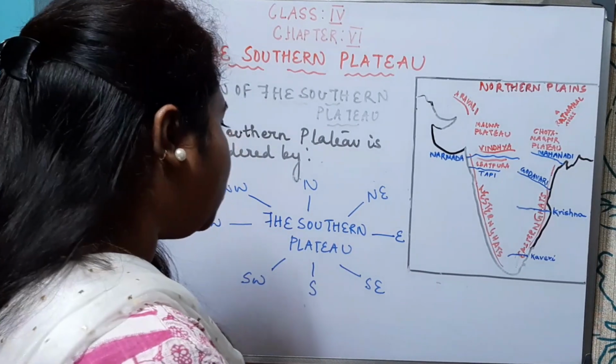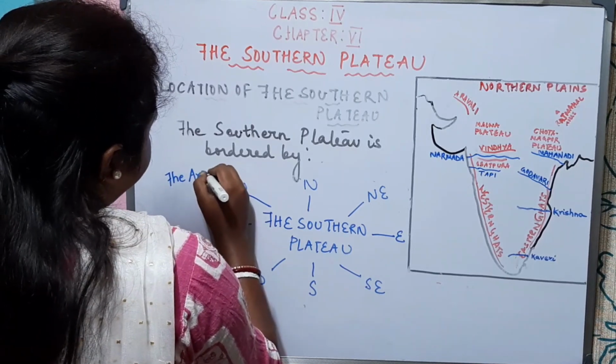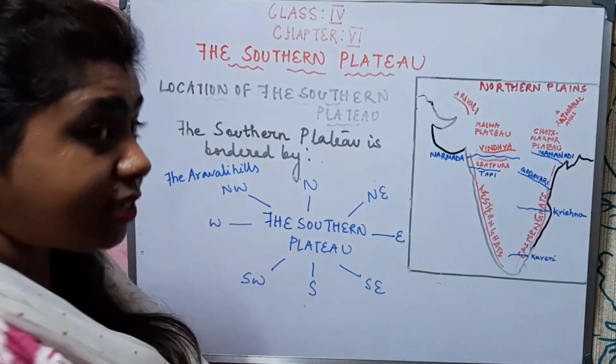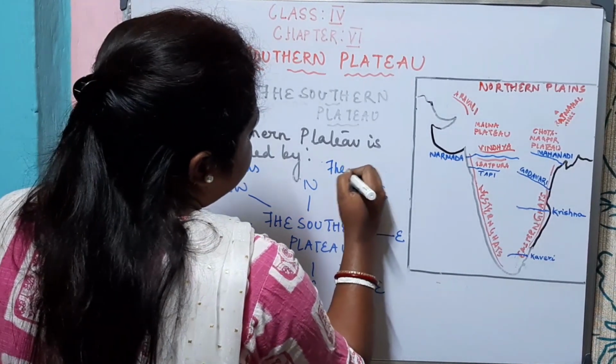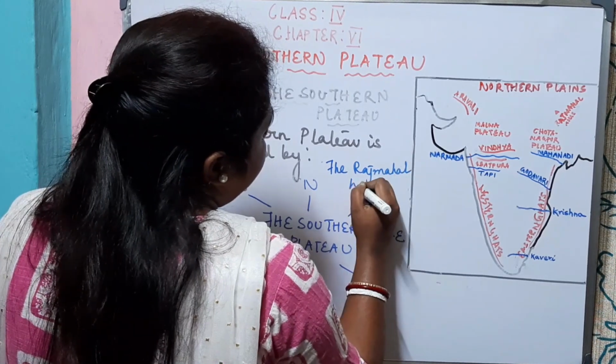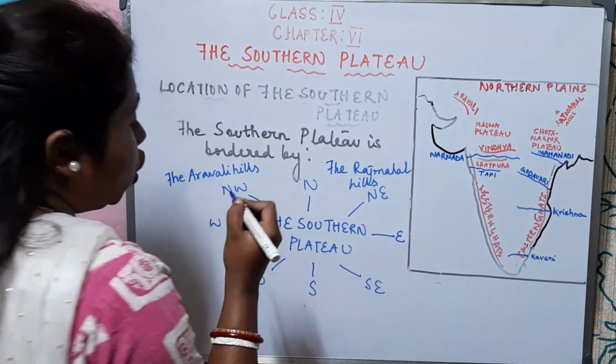So the Southern Plateau is bordered by the Aravali Hills on the northwest, by the Rajmahal Hills on the northeast, and by the hilly regions called Ghats.